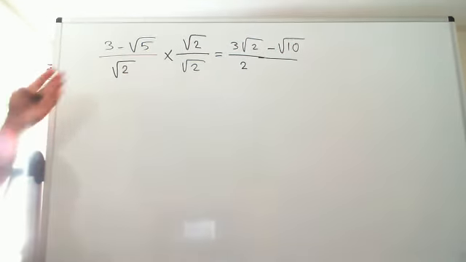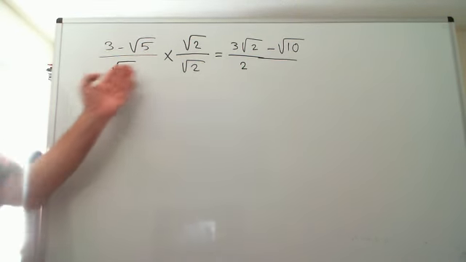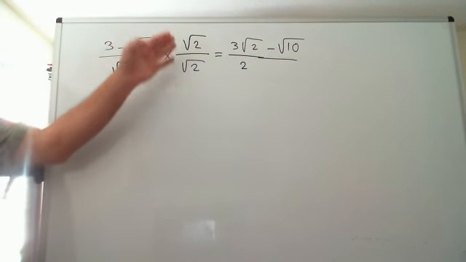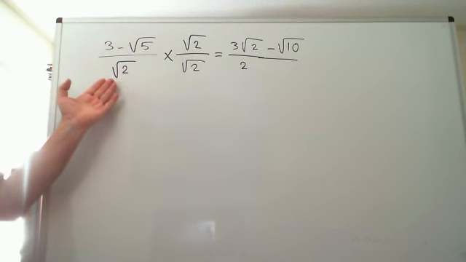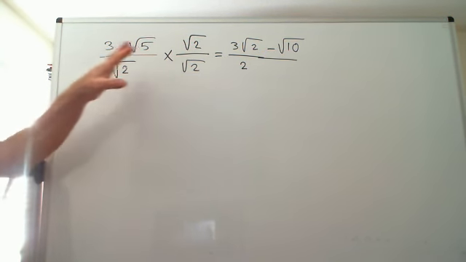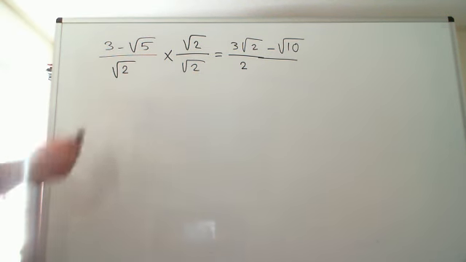As you see, we eliminated the radical from the denominator by multiplying both numerator and denominator by the denominator of the fraction. This works only when we have one term in the denominator.